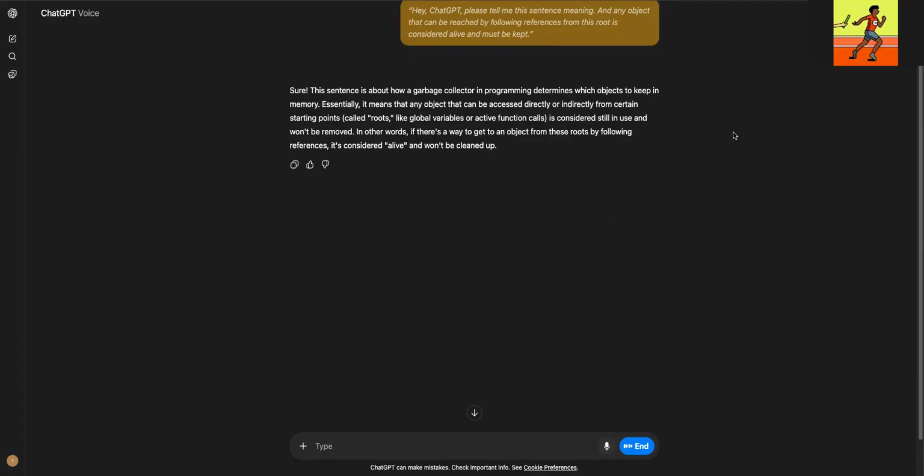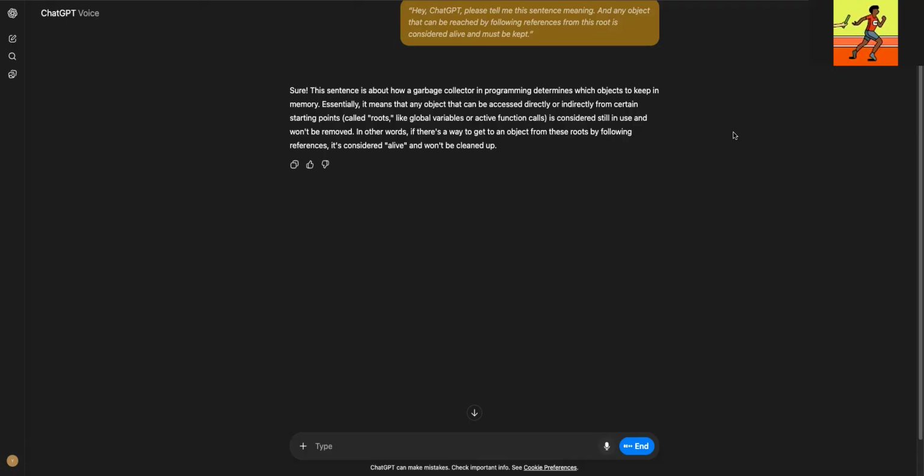Let's break down this sentence. The subject is "any object", and it is decorated by "that can be reached by following references from these roots." The verb is "is considered": any object is considered alive and must be kept.